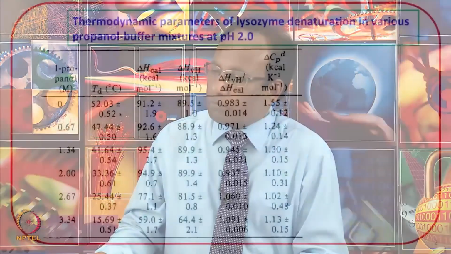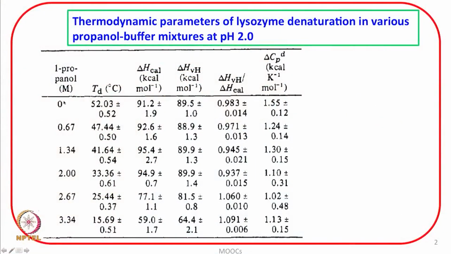If we look at the very first row, propanol concentration 0 means we are talking about lysozyme in the absence of any additive, and at pH 2 the thermal unfolding temperature or transition temperature is 52.03 degrees Celsius.